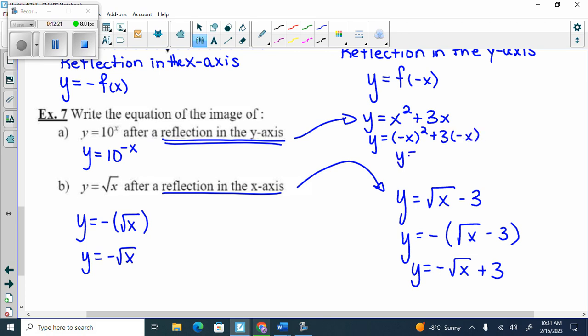So it would be x squared minus 3x. So when it's a reflection in the y-axis, every x has to be negated if there's more than one. Okay, then we're going to flip over.